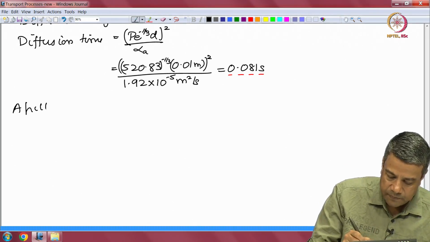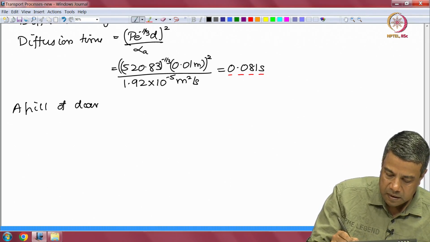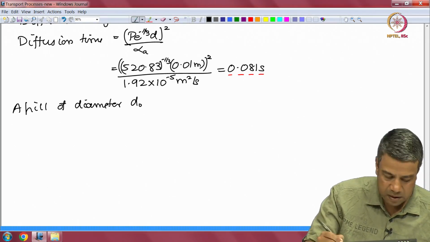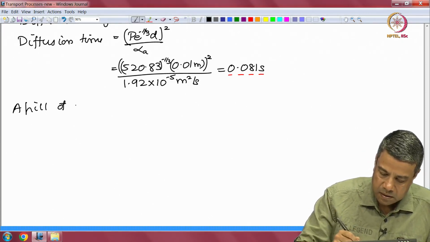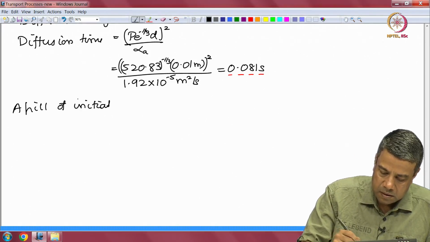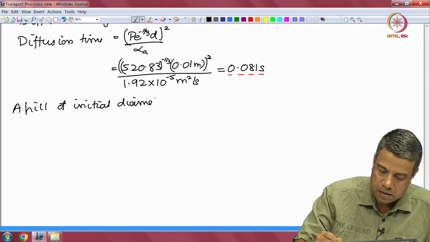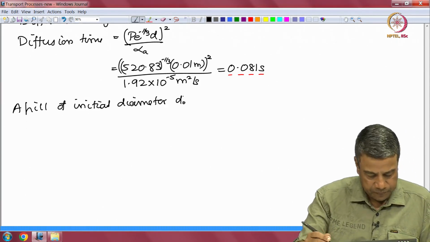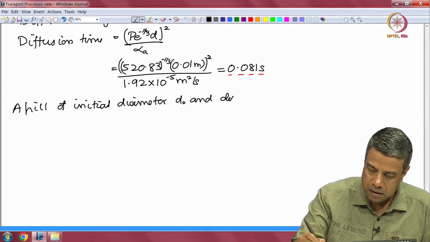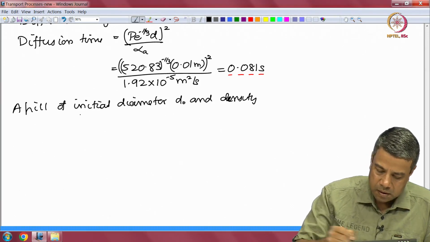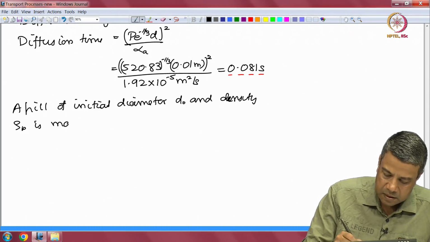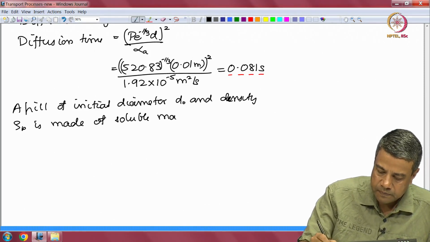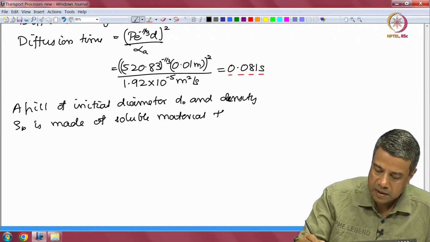A pill of initial diameter d naught and density rho p is made of soluble material.